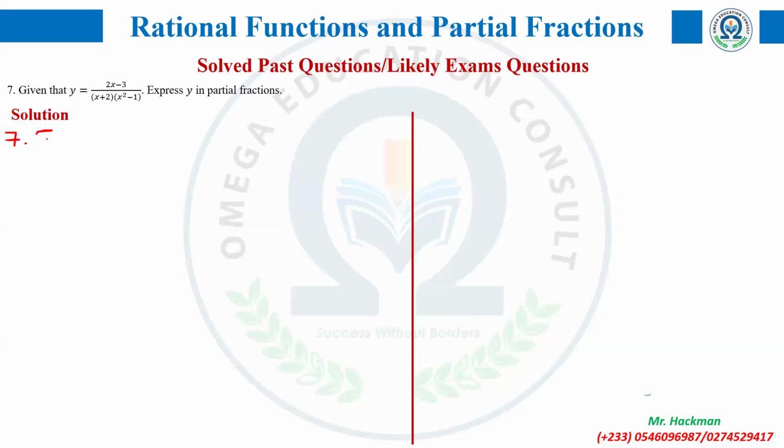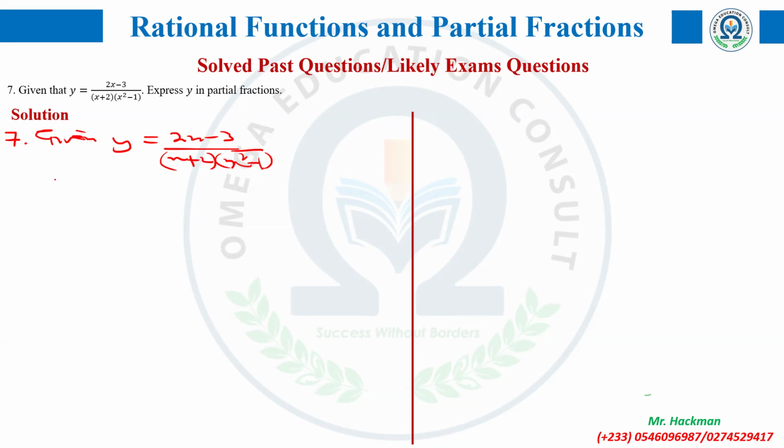So given y equals 2x minus 3 all over x plus 2, into x squared minus 1. At this point, just check that it's proper. Can we write the identity straight away? If you can, none of the factors here should be factorable. But you can see that this factor is factorable. Is that clear?